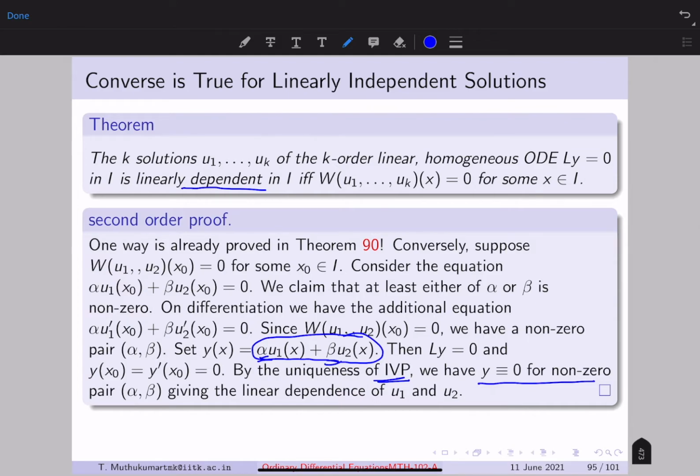So what has this theorem said? In general, this converse is not true, but if you assume that the functions are solutions of a differential equation, then the converse becomes true. Okay.